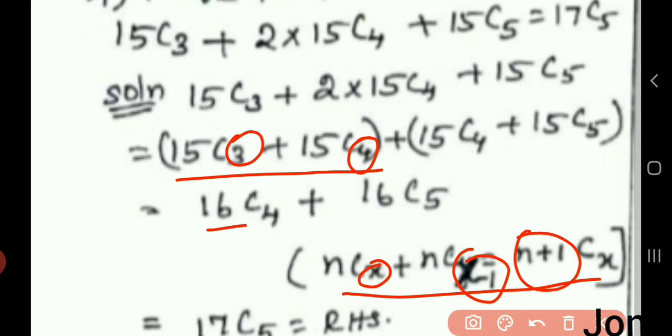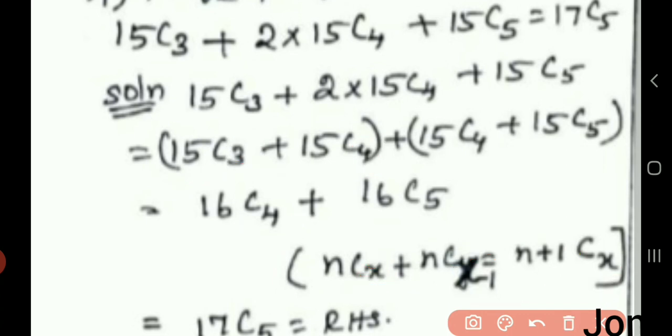So I can write this first bracket as 16C4, where x is 4 here. Plus, in the second bracket also I use the same formula nCx plus nC(x minus 1) equal to (n plus 1)Cx. Here x is 5 and x minus 1 is 4. So n plus 1 is 16 and x is 5 here.